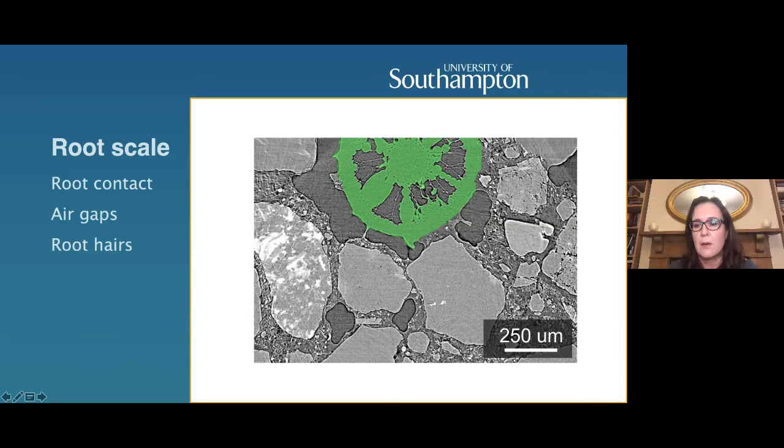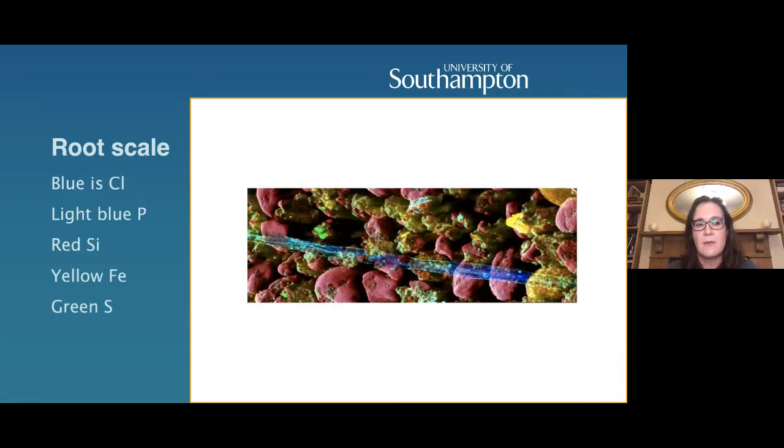The next phase up is a single root scale, where there are different levels of phenomena with the extra microbes that particularly like living near the root. So this is one of our first live imaging deals with synchrotron to elementally map what happens around a single root in soil.